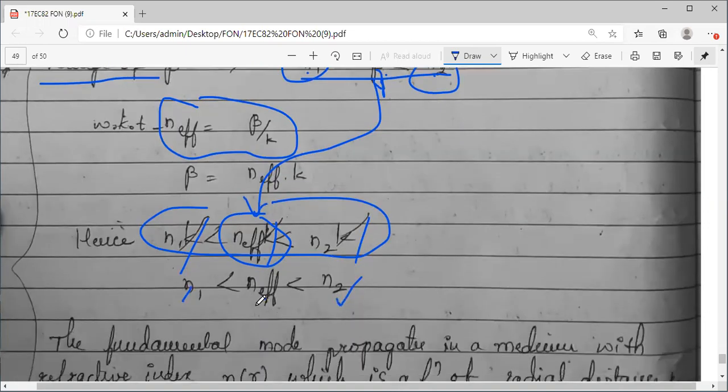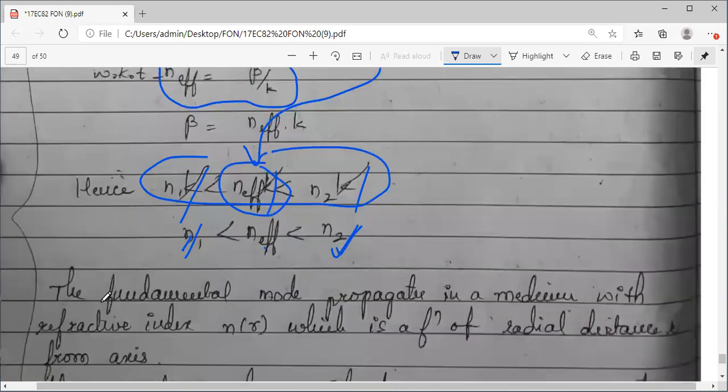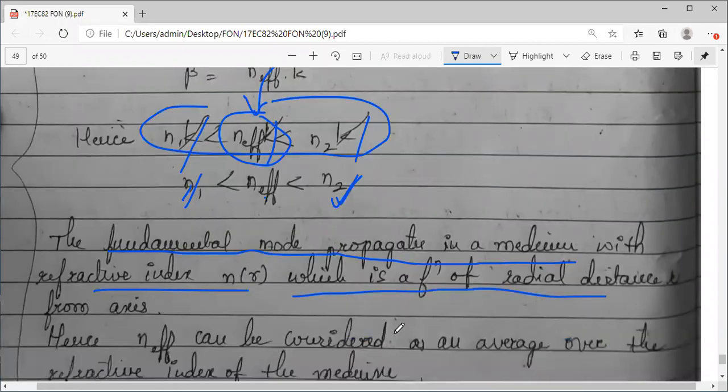So what is this effective value of the refractive index? It lies between the value of the core index and the cladding index. So the fundamental mode propagates in the core of the optical fiber with the refractive index n of r, which is actually a function of radial distance, because in the refractive index profile we have seen this, right?